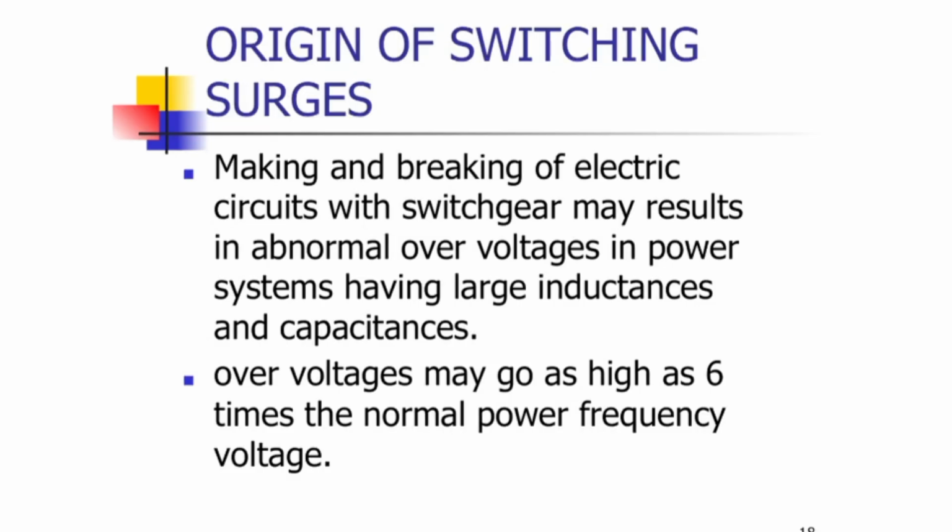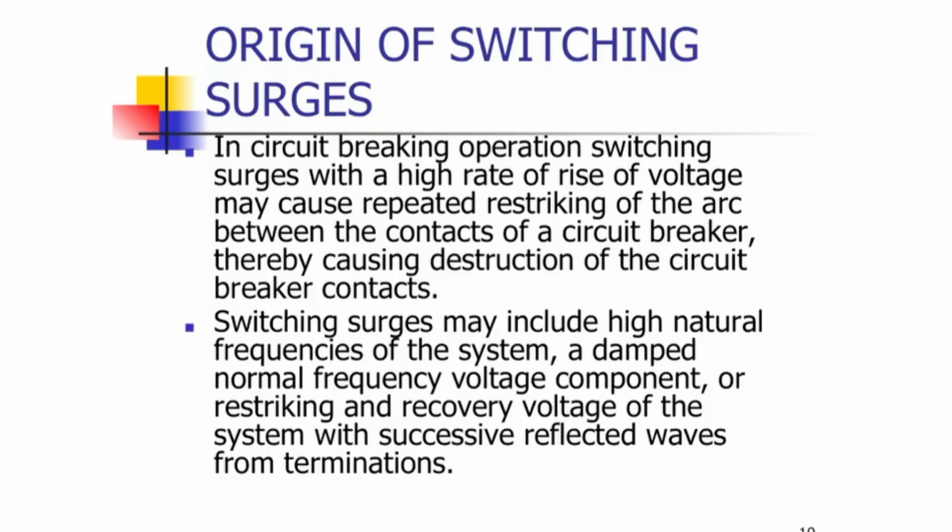Next, the origin of switching surge. As we said, the making and breaking of electric circuits, switchgears or circuit breakers will lead to an abnormal voltage or transient voltage. These are the internal causes. The overvoltage can be up to 6 times the normal power frequency voltage. If a system is operating at 11 kV, then the surge voltage may exceed 66 kV.